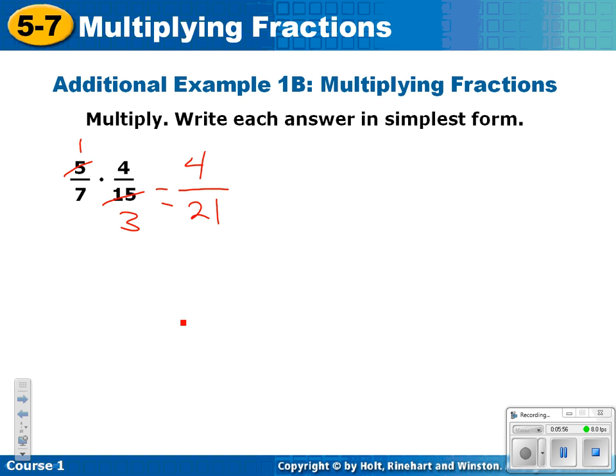It's not something you get to ignore and just go, I don't really need to know that. This is something you need to know how to do, by using greatest common factor and reducing and then multiplying. Yes? Could both of them, in a different problem, be reduced? Absolutely. Yes, and we'll get there.